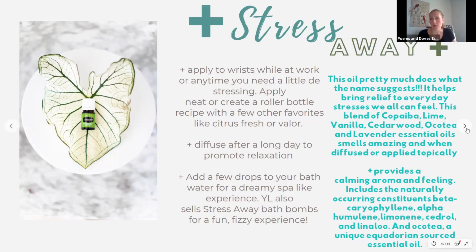I use this one pretty much every day. This one is a blend of copaiba, lime, vanilla, cedarwood, Ocotea, and lavender. And it really smells like you're at a tropical island on vacation. It's a really great scent.